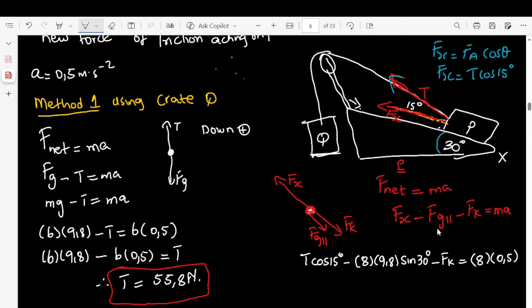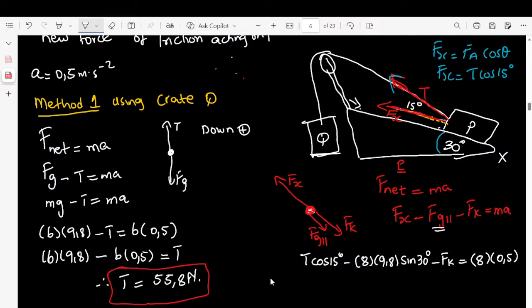So if you don't understand what is Fg parallel, please remember it's the mass times the gravitational force times the sine of theta. Okay, so now one thing about this is that we know what tension equals to. We calculated tension to be 55.8.